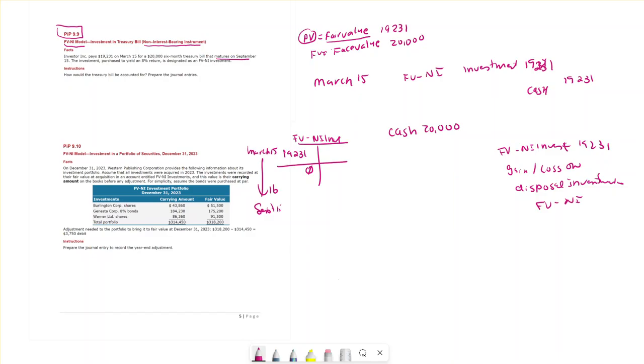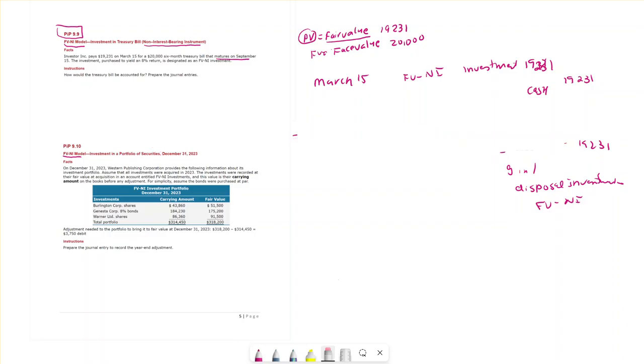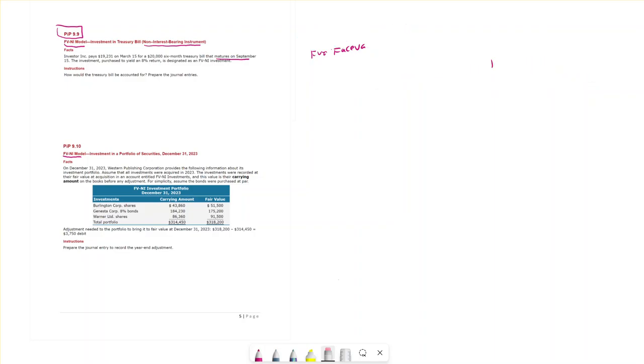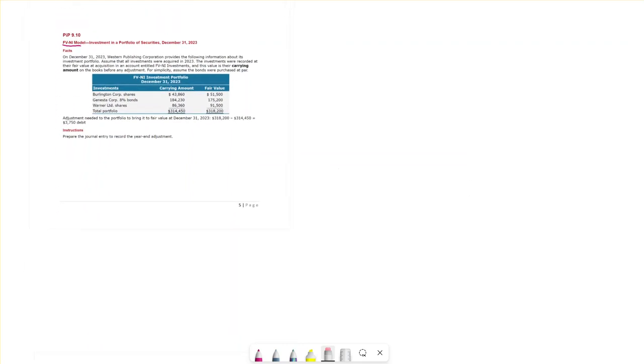Now we have a fair value net income investment in a portfolio. What is a portfolio? When you invest into different markets, a portfolio has different companies. Some you purchase shares, some you purchase bonds, some you purchase something else. So a portfolio has both debt investments and equity investments.